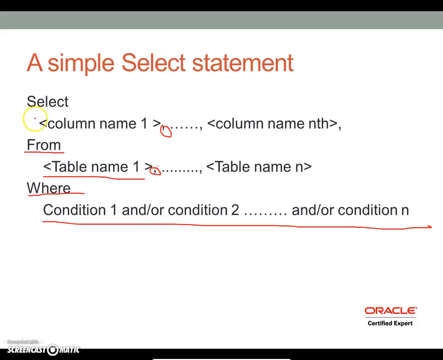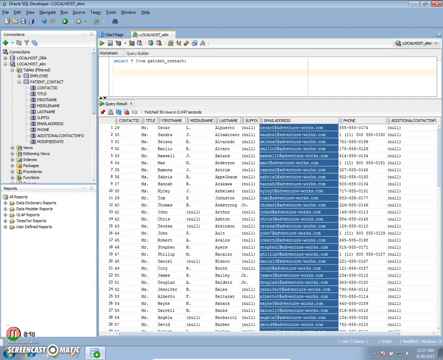What I should do is a select statement, and then I just specify the columns that I want from the patient contact table, and I don't need to specify the where clause, the condition, at the moment, because I want to retrieve all records from the patient contact table.